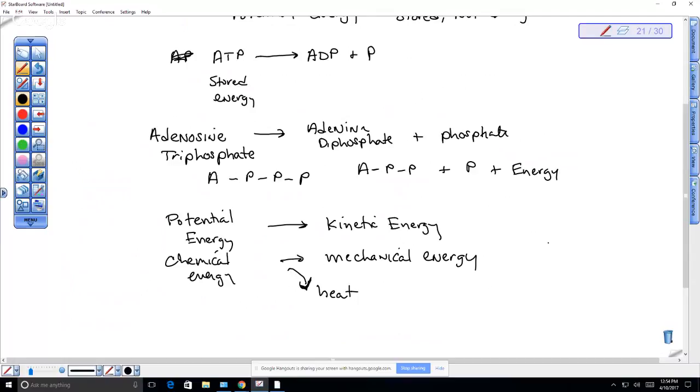Okay, so when I am exercising, I release energy as I move my muscles, but I also release energy as heat. I get hot and I start to sweat and I start to evaporate water off the surface of my body. Okay. Okay, so that's some types of energy, chemical and mechanical. We also have what is called electromagnetic energy.